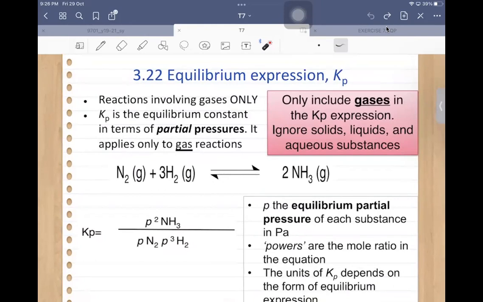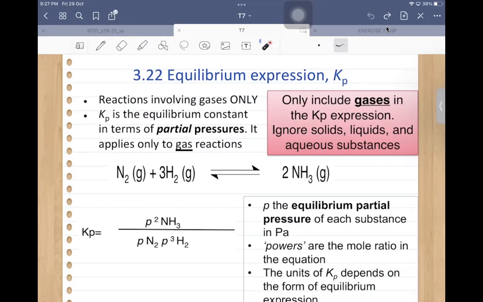So here we ignore solids, liquids, and aqueous substances. Whereas for Kc, we can do aqueous, liquid, and gas, but not solid. So for both Kc and Kp, we cannot apply solid for this expression, because solid doesn't have concentration and doesn't have partial pressure.